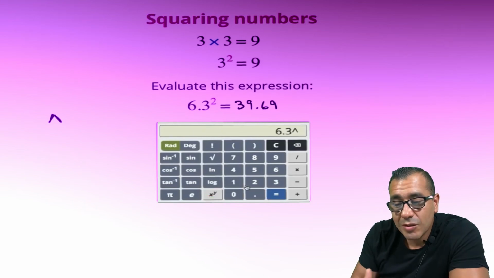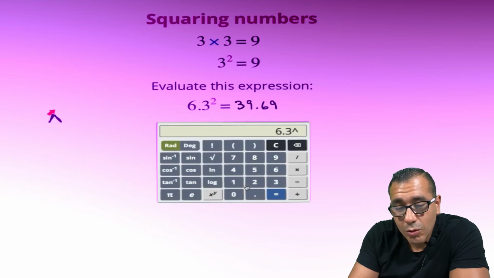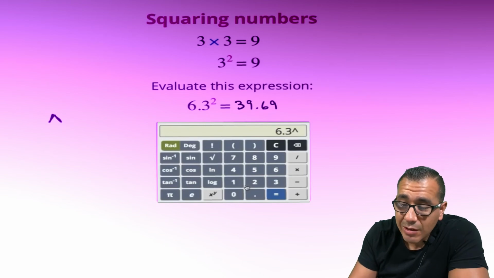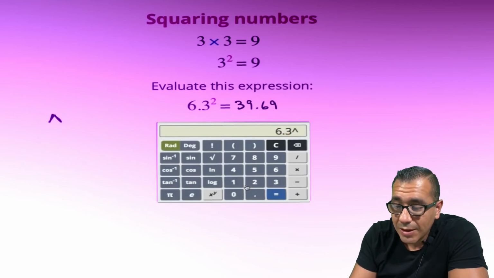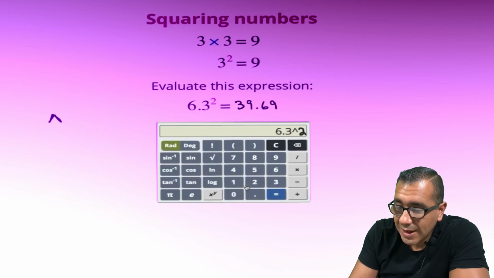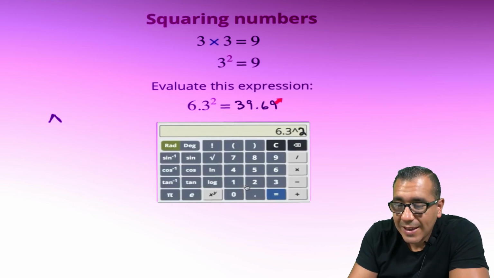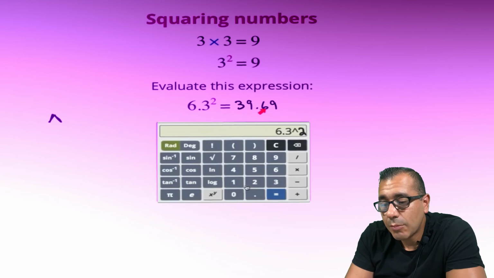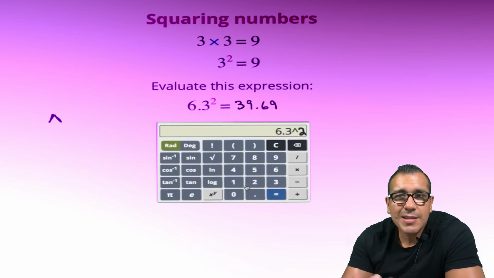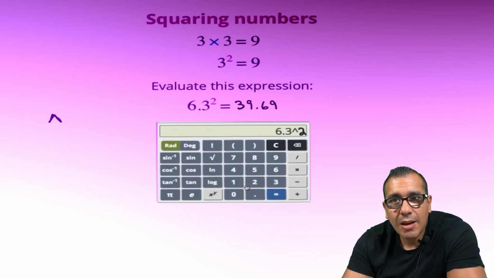So if I were to do this in the calculator, I would write 6.3, hit my caret button, and then write my exponent, 2. Once I hit enter, that gives me the answer of 39.69. So with decimals, the rules don't change. It just gives us a little bit more work, but nothing hard.